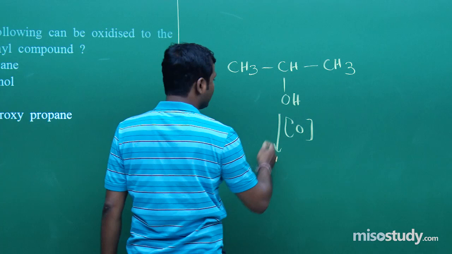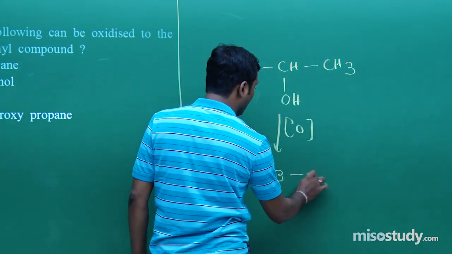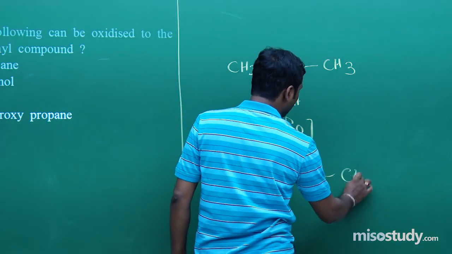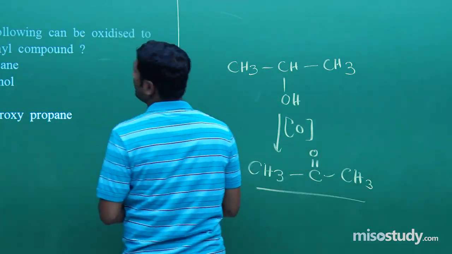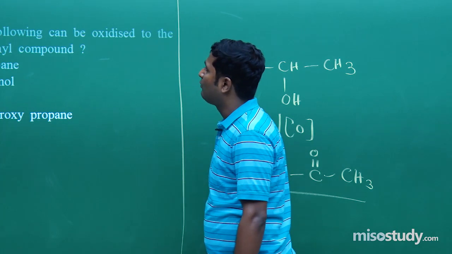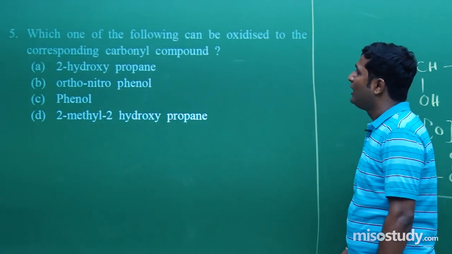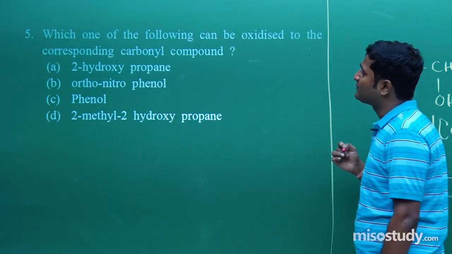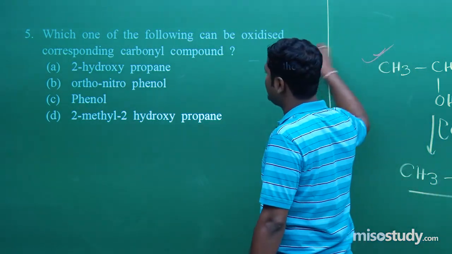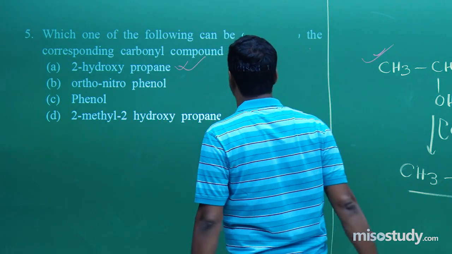As we know, oxidation gives you a ketone, CH3COCH3, and this is a carbonyl compound. So we can say which one of the following can be oxidized to give the corresponding carbonyl compound. This one is 2-hydroxy propane.